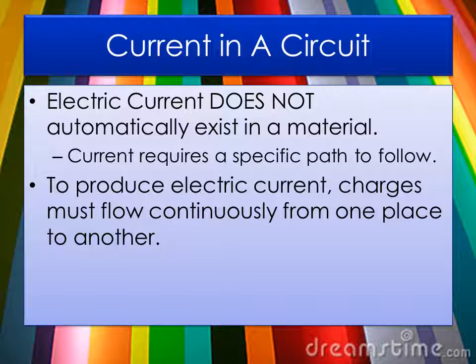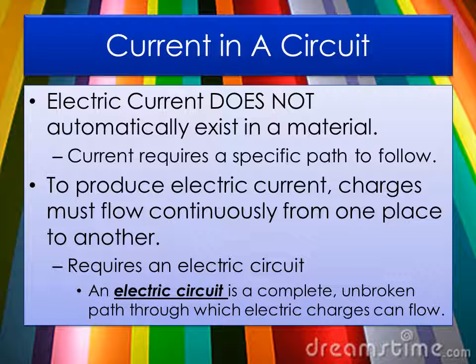So charges have to be able to flow. Again, it's not like static electricity where they build up on objects. It's got to be able to flow. All right, it requires an electric circuit. An electric circuit is a complete, unbroken path through which electric charges can flow.